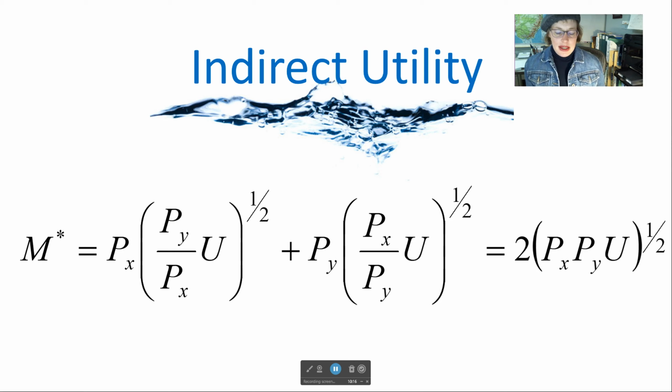Finally, at the end, what we can do is take what we had in terms of what our x function was and what our y function was, put it back into our cost function, or what we had as our budget constraint, and then we have what we call indirect utility. Excuse me, that is not right.